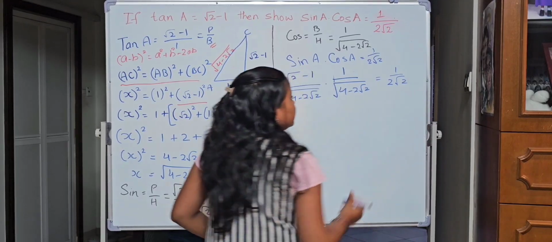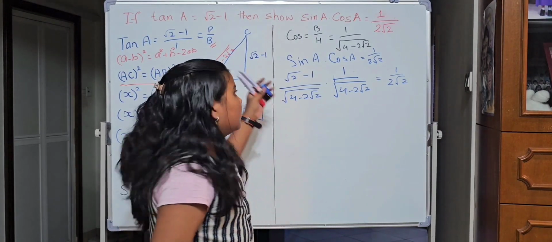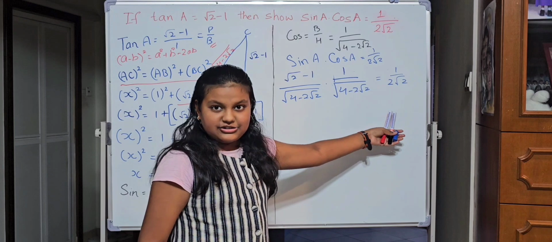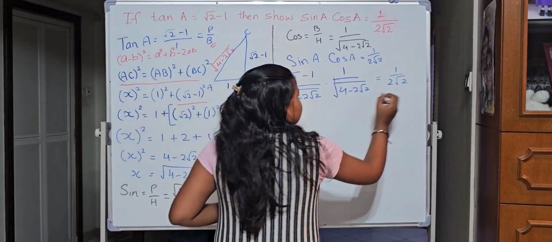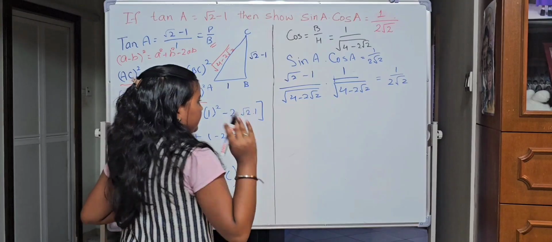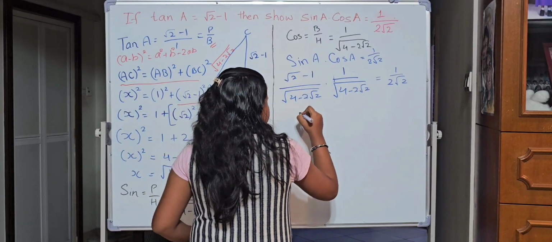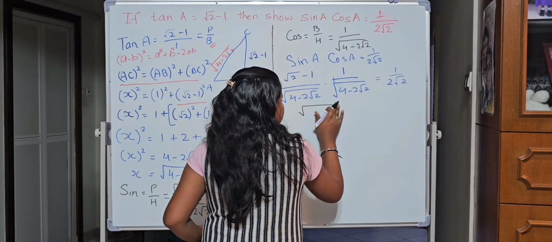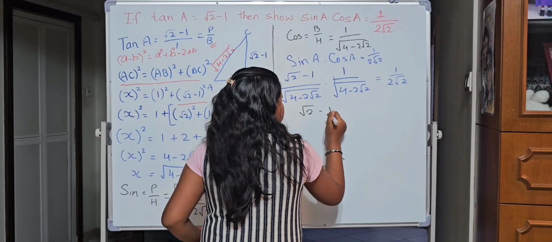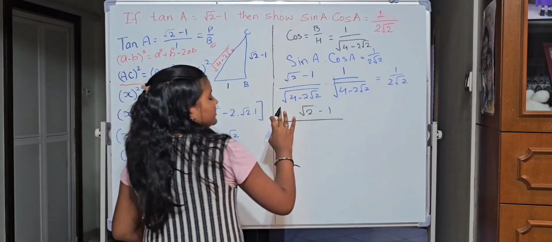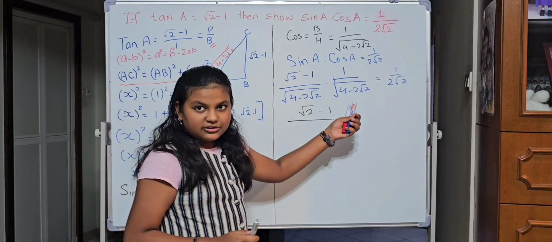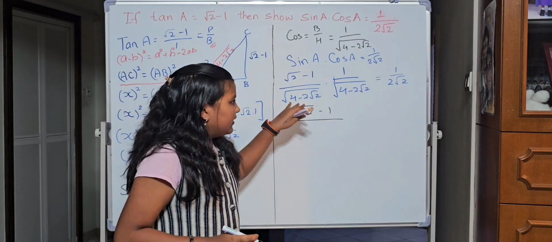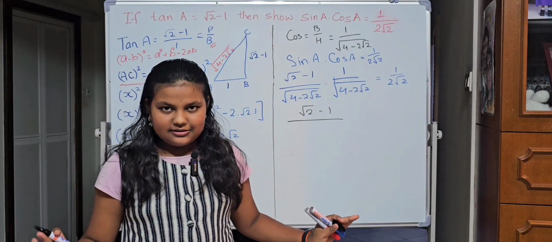Now please remember that whenever you are doing an equation, always write the LHS and the RHS parallelly. So this is when we put the values. When we multiply these, it's pretty easy multiplication. Root 2 minus 1 by, now whenever we multiply root and root, it's basically getting squared here.